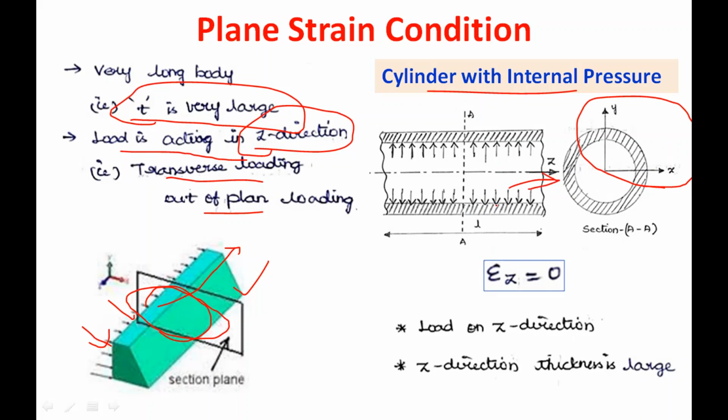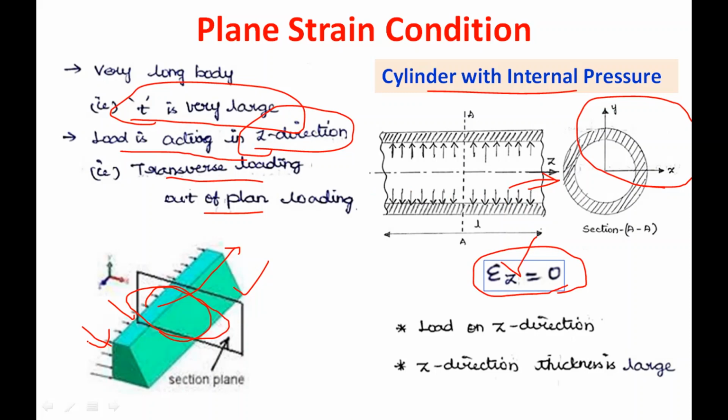Now in this condition, since the z direction is very large, that is a large thickness component, we can eliminate the strain along the z direction. Compared to the length of the pipe, the deformation may be negligible. In that way, they are neglecting epsilon z, that is, strain along the z direction is 0.